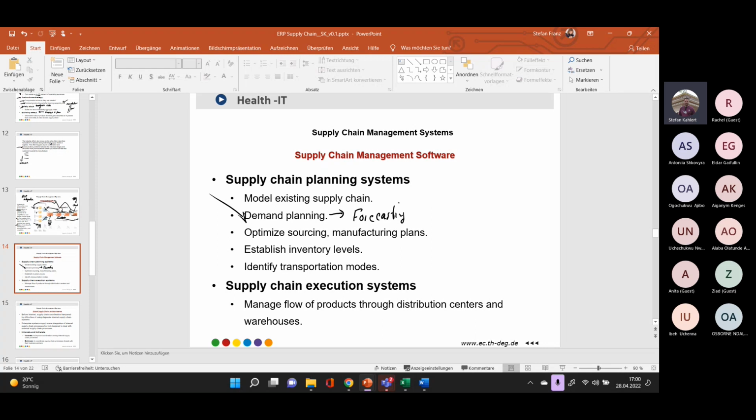And you can identify transportation modes by car, by plane, by train, whatever is the best possible mode for delivery. And for this, you need a planning system, and you need an execution system on how you execute delivery, final delivery to clients. So that's for today for supply chain.